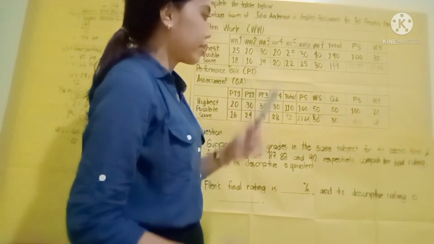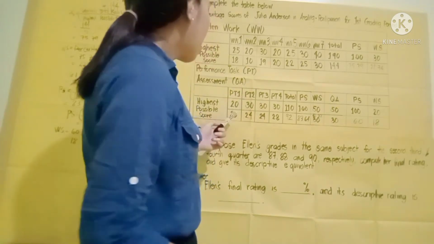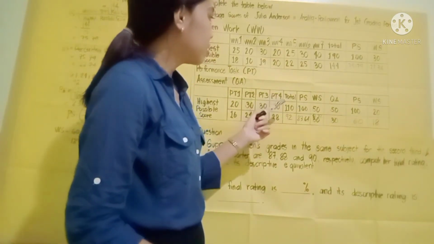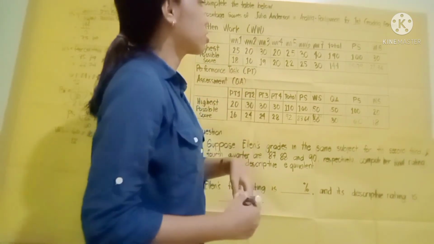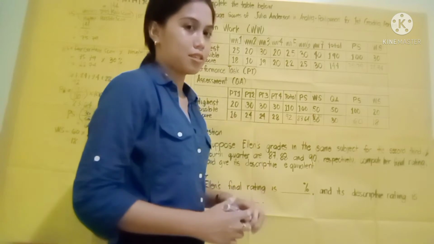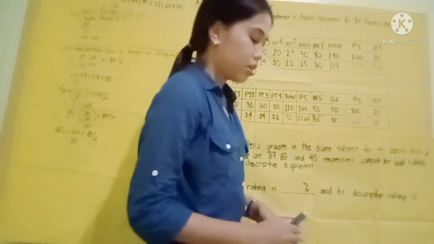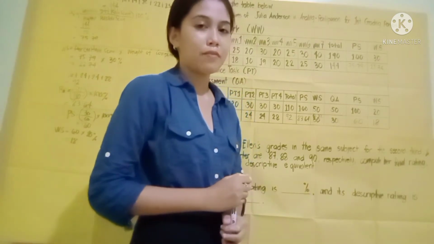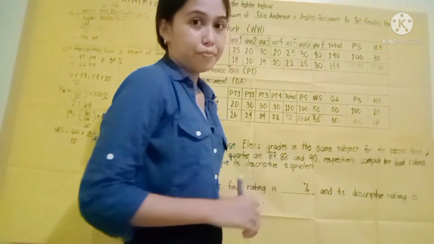So in order to get the first grading grade, I add the weighted scores for Julia Anderson's written work, performance task, and quarterly assessment. So when I add it, it is the initial grade of 76.57, which is transmuted into 85.